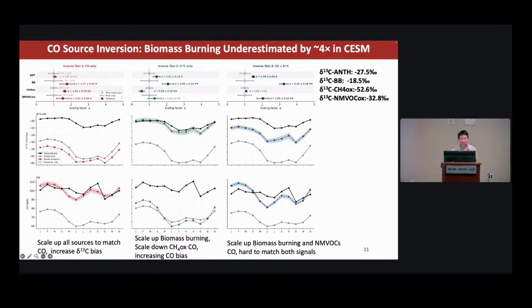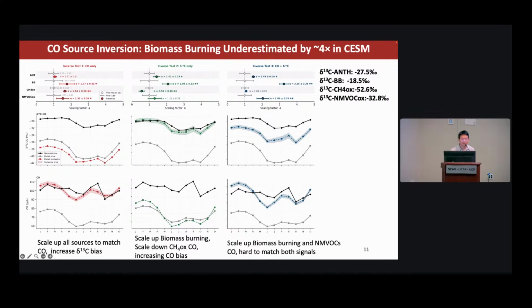And in inverse test 2, we only match the CO isotopes. As a reminder, the biomass burning source is much enriched and the methane oxidation source is much depleted. Because the current model simulates a much more depleted signal, if we only consider the isotopes, the model suggests we increase biomass burning a lot because it is enriched in the isotope, and scale down the methane oxidation, to around 0.5.